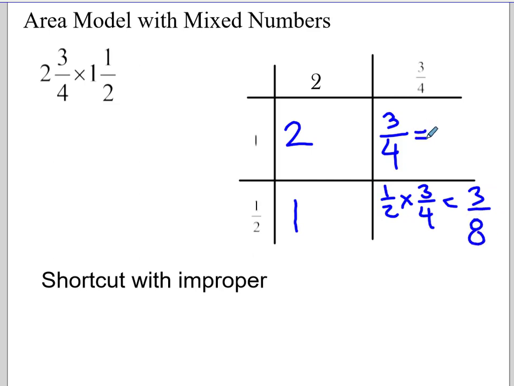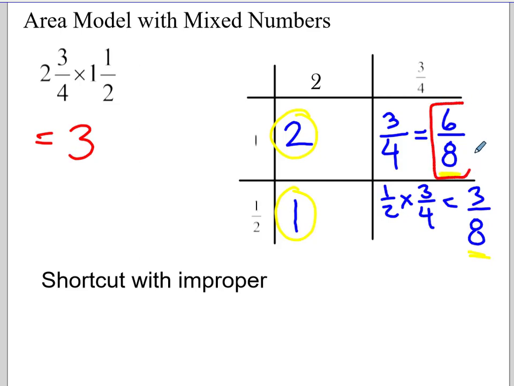Okay, so I'm going to do something here. I'm going to make my life a little easier. I'm going to convert this 3/4 into 6/8. So now I have 8s in both of these two. So when I go to add up all of my pieces, it works out really nicely. So I have 2 plus 1. So my first part is a 3. Okay, and then I'm going to have 6/8 plus 3/8.